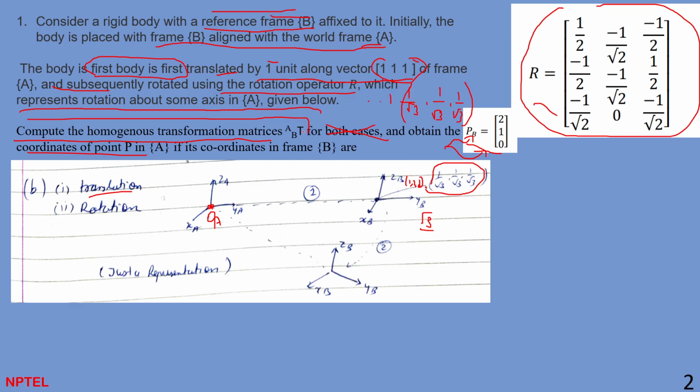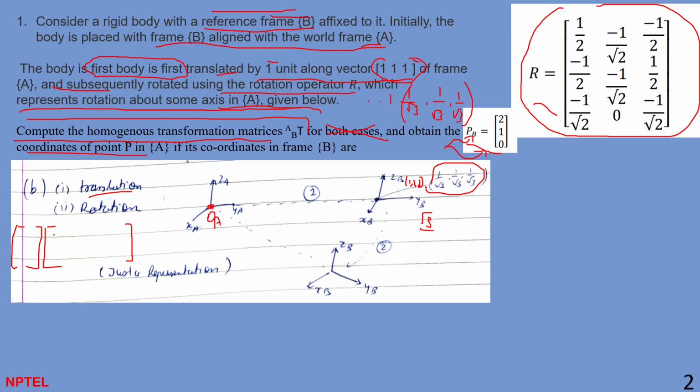You can do it in two ways. You need to split this transformation into translation and rotation. Since you're translating with respect to a fixed frame, you need to pre-multiply. The rotation represents rotation about some axis in A, so the rotation is happening first here.